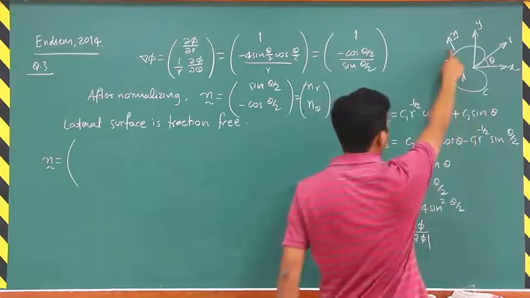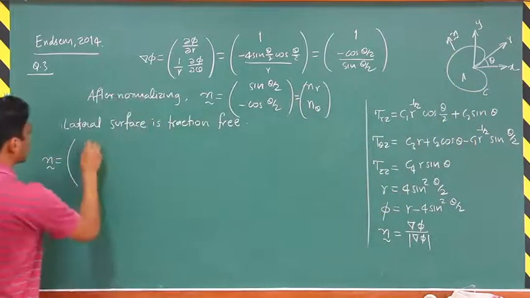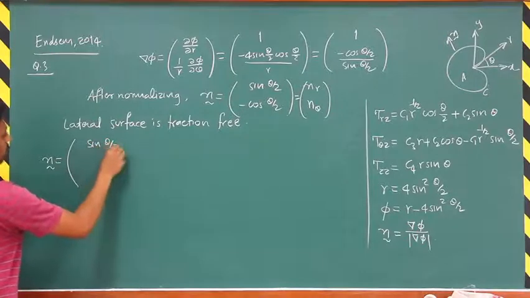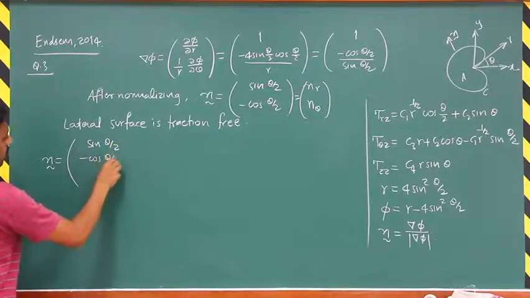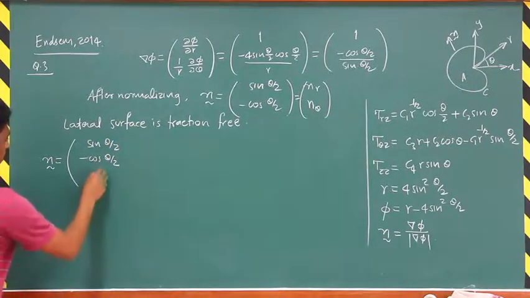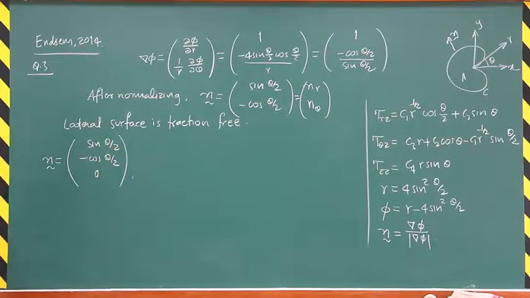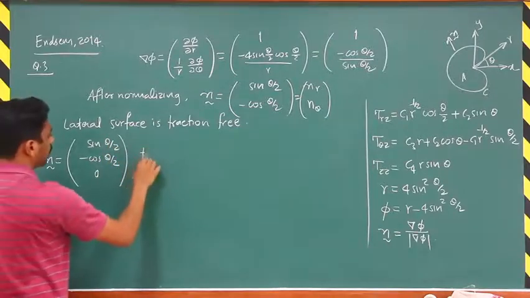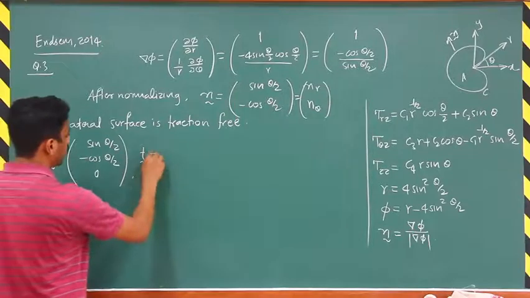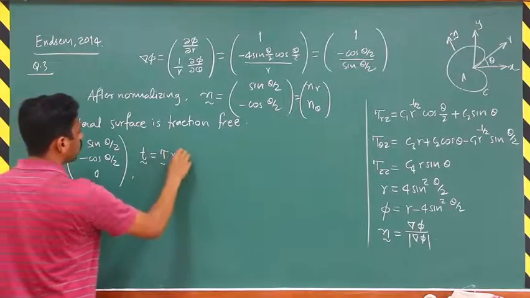So nr and n theta components will be given by sin theta by 2 and minus cos theta by 2 respectively, and the z component will be 0. Now we use the Cauchy relation to find the traction on this lateral surface. The traction is given by tau times the normal.